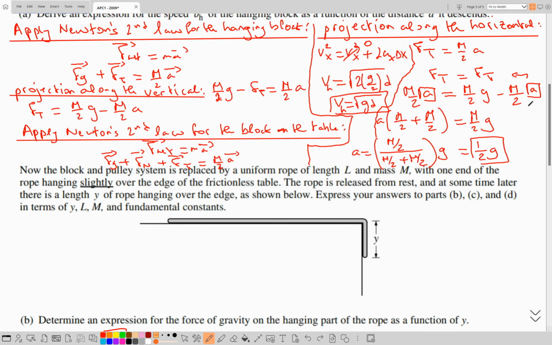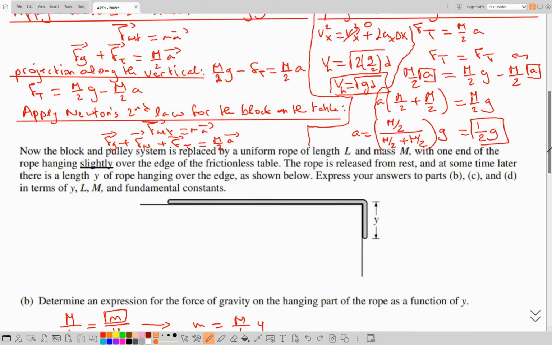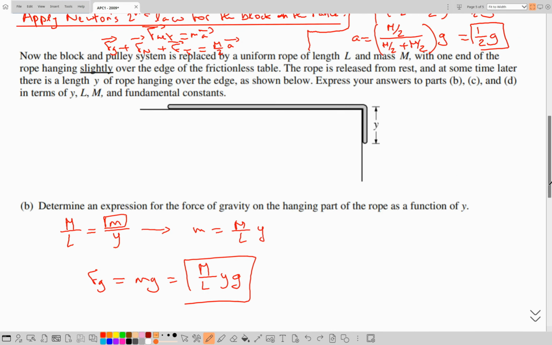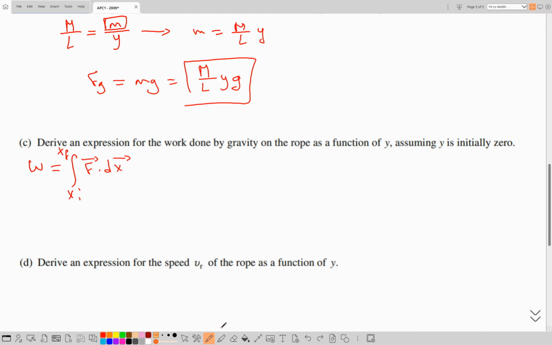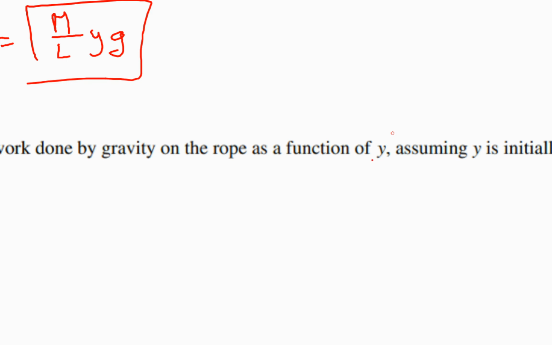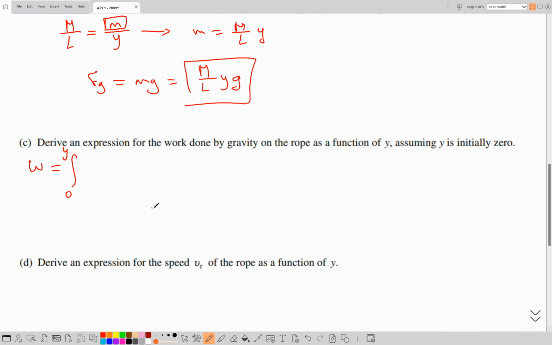But if you think about it, the rope is going down, the hanging part, and we know that whenever something is descending, the work done by gravity is positive. So now we can ignore this dot product and the initial and the final position. We will be integrating from 0 length to the final length y, assuming that y is initially 0. For this reason the lower bound is 0, and the final length would be y as function of y.